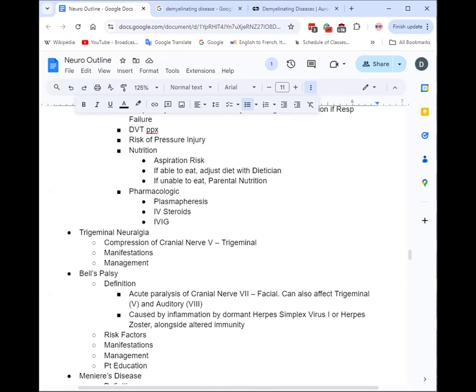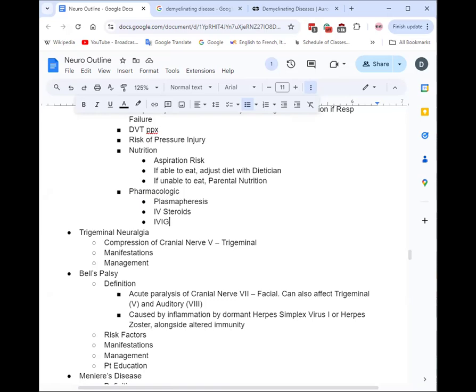Your IVIG is kind of like a decoy for your autoimmune disease to focus on and leave the rest of you alone. And the plasmapheresis is you're basically filtering, removing plasma from the blood to try to get rid of antibodies in the plasma.